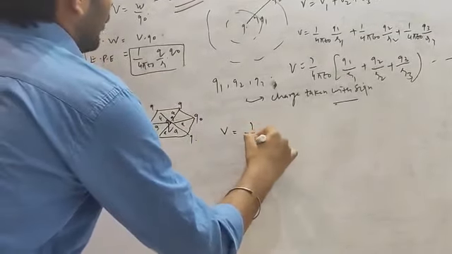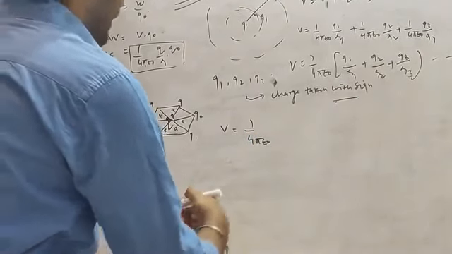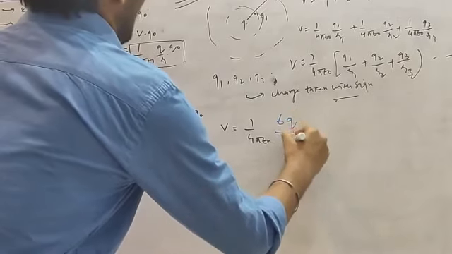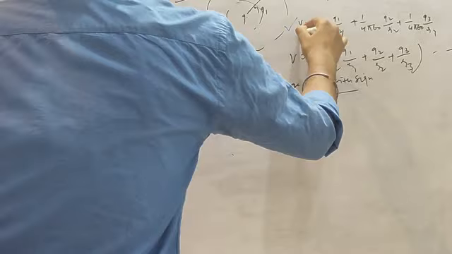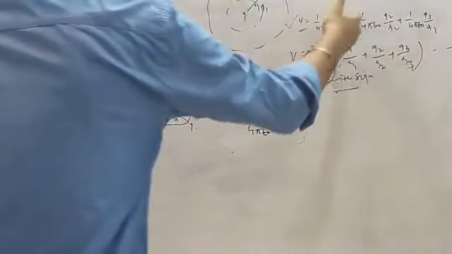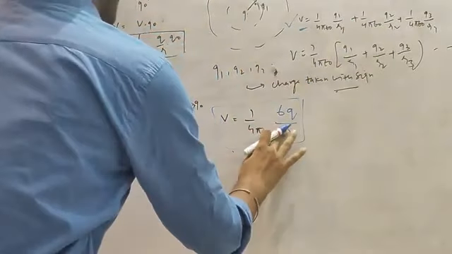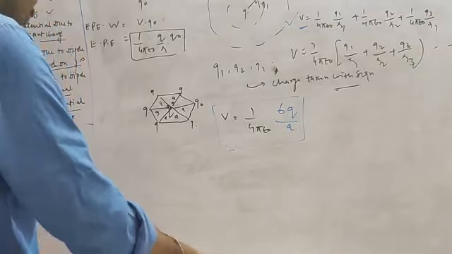That is equal to 1 upon 4 pi epsilon naught 6Q by A. Because if we simply add 1 upon 4 pi epsilon naught Q upon A, Q upon A, Q upon A, this will become 1 upon 4 pi epsilon naught 6Q upon A. This is the value for the electric potential.